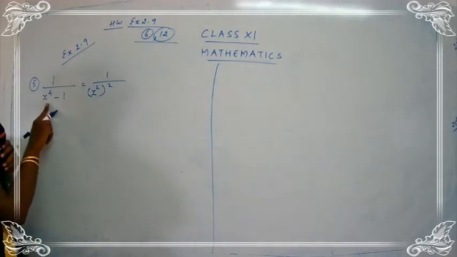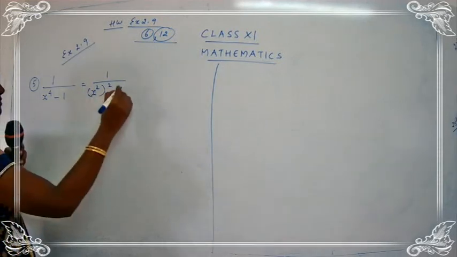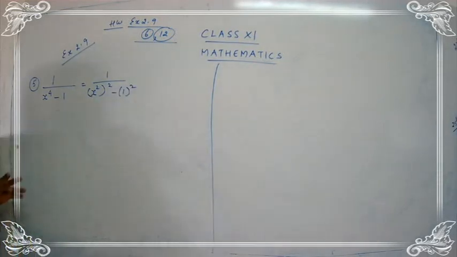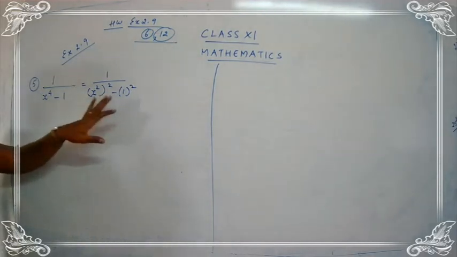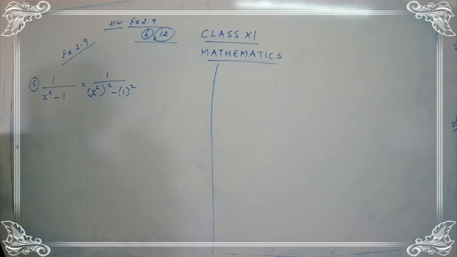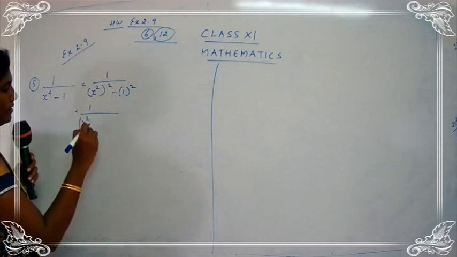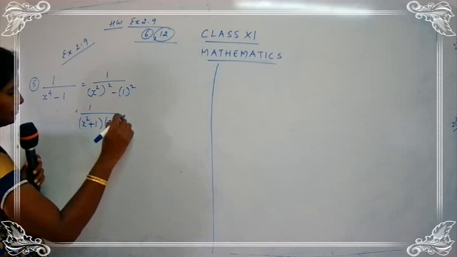As (x squared) the whole square minus 1 square. Now this is of the form a square minus b square. What is the identity, children? Yes, (a plus b)(a minus b). So this is 1 upon (x square plus 1)(x square minus 1).